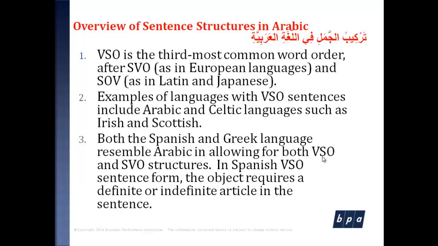In Spanish, though, in the verb subject object sentence form, the object requires a definite or indefinite article in the sentence. As I mentioned, these are just some fun facts about languages around the world.